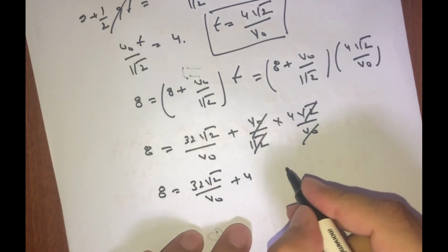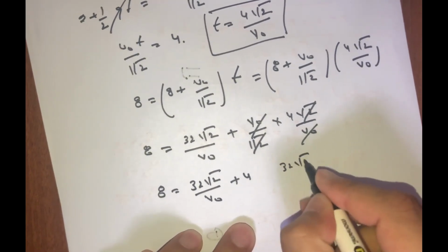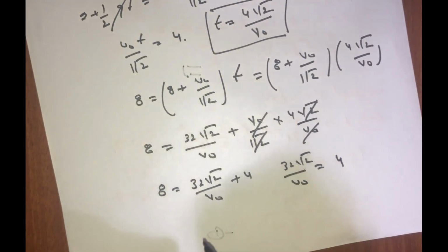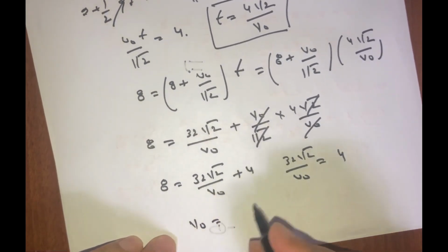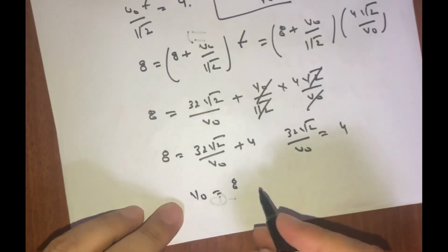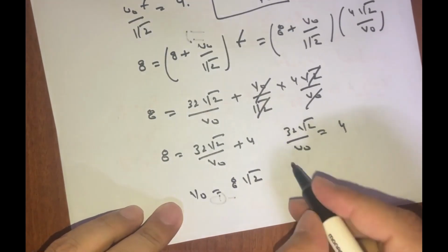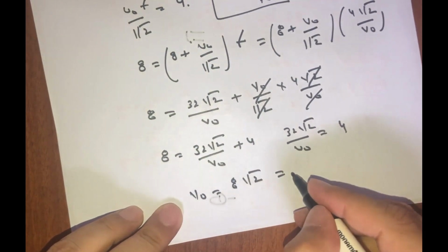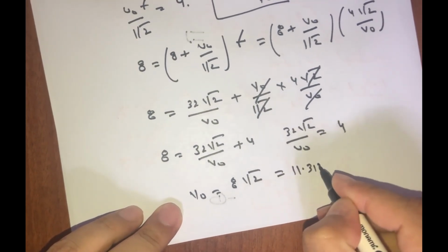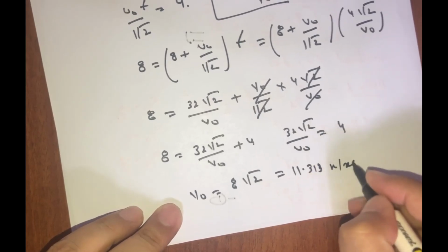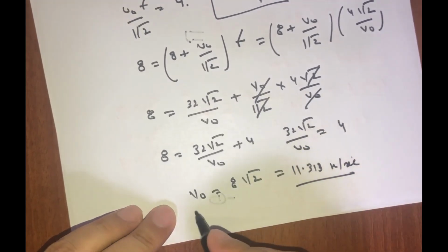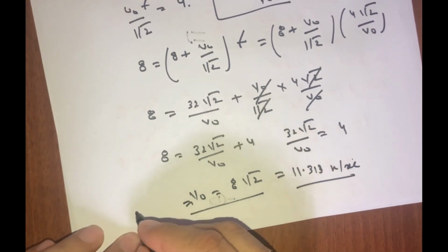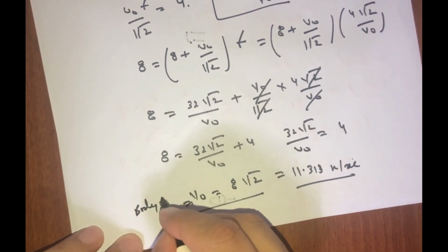From here we can write that 32 root 2 divided by V0 is equal to 4, or V0 is equal to 8 root 2, and this will be coming as 11.313 meter per second. This is the value of initial velocity V0 of body B.